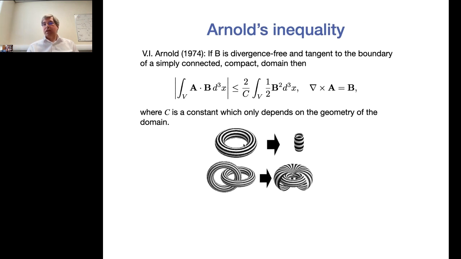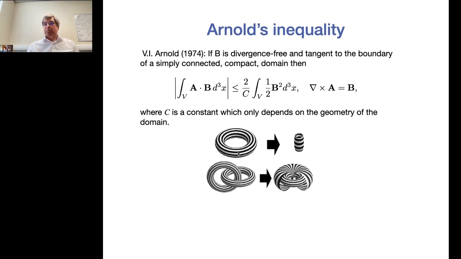You have to preserve the flux, so the flux has to go somewhere, and indeed you can stretch it out in the vertical direction, or z-axis if you want, and make a very tall but very narrow flux tube. And you can shrink the radius arbitrarily close to 0, and thereby get your energy arbitrarily close to 0. So indeed, for helicity being 0, you can dissipate the magnetic energy as far as you want.